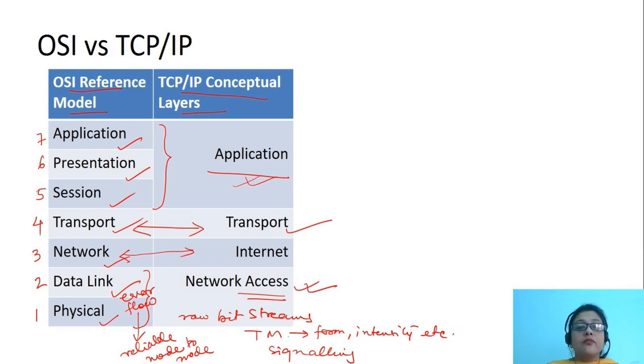So we can very well find the relation between the OSI layers and the TCP IP layers. This is to be kept in mind, that the TCP IP conceptual model was developed prior to OSI.